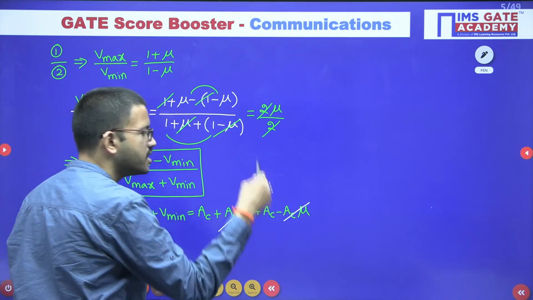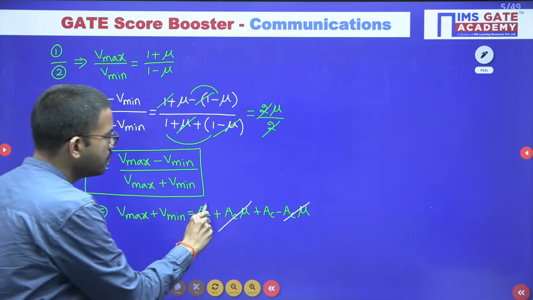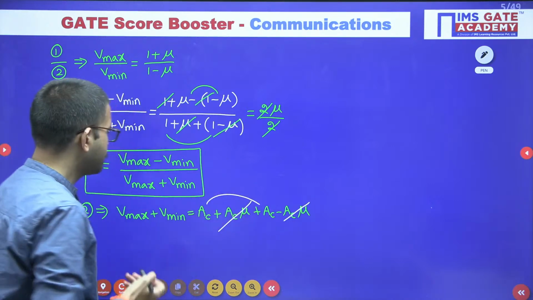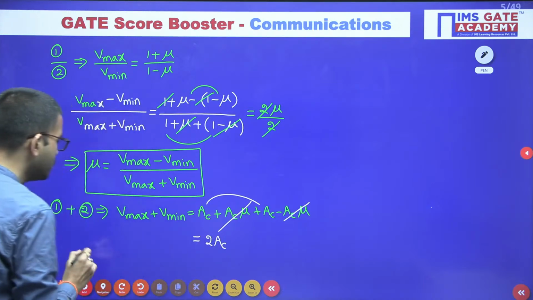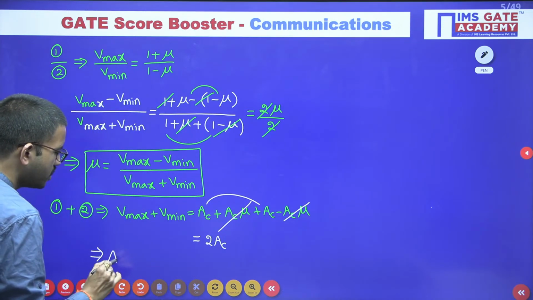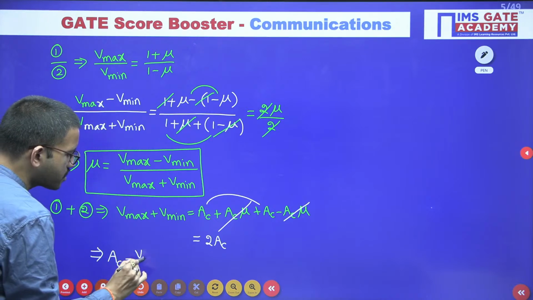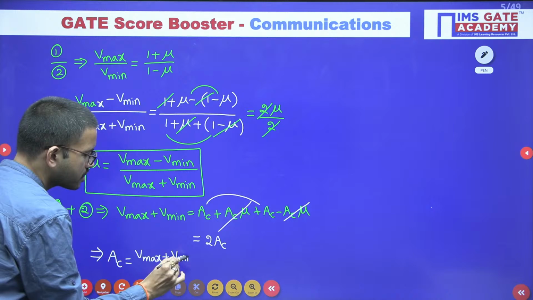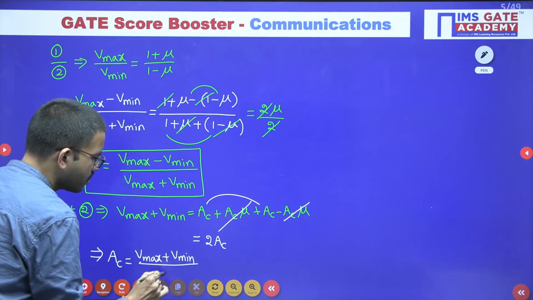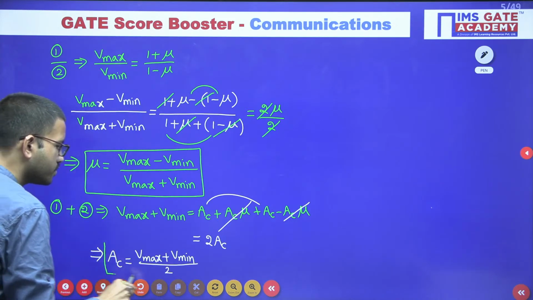Here plus AC mu minus AC mu will get cancelled. AC plus AC is nothing but 2AC. So from here we can write AC equal to (Vmax plus Vmin) divided by 2.